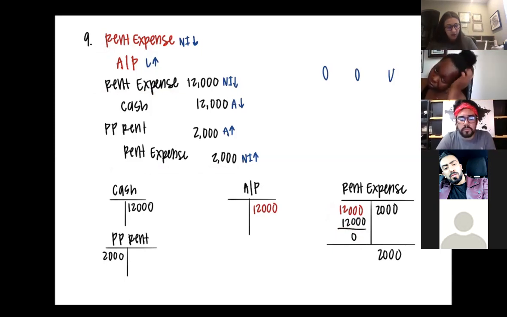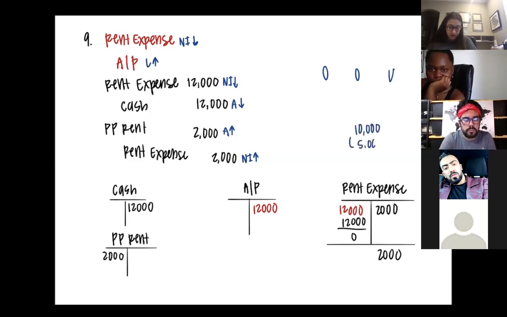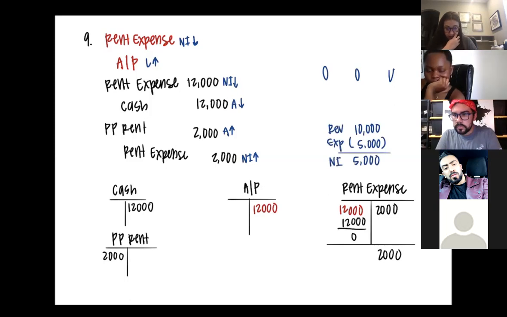So like if I had $10,000 in my net income and I decreased it by 5,000, right? My balance is 5,000. And this is my revenue, and this is my expense, and this is my net income. But now, out of this 5,000, I need to take away $2,000 of it.